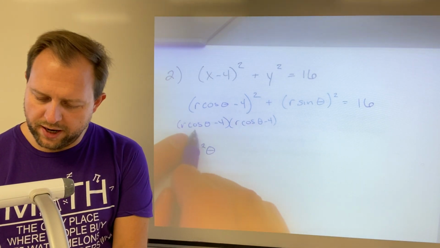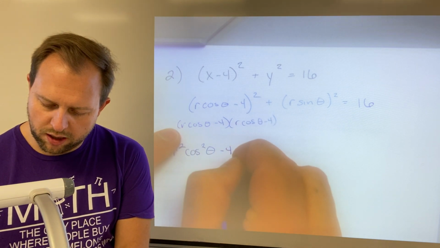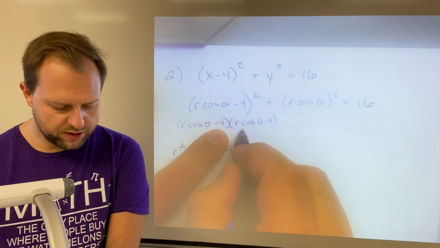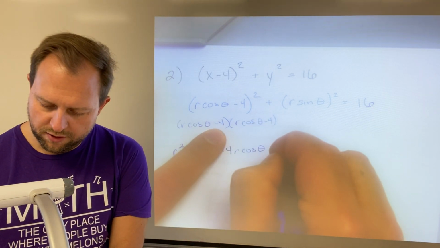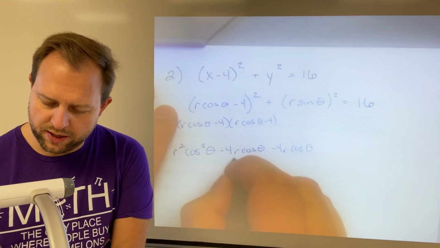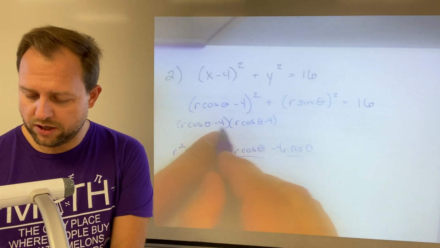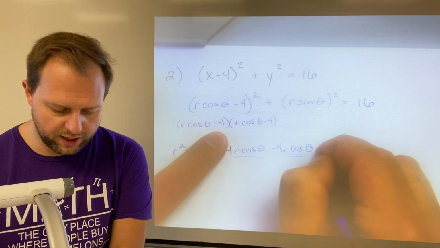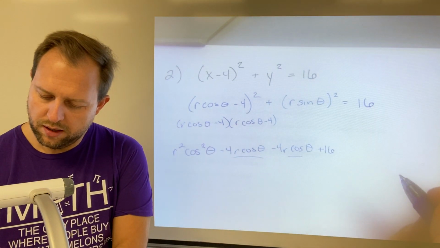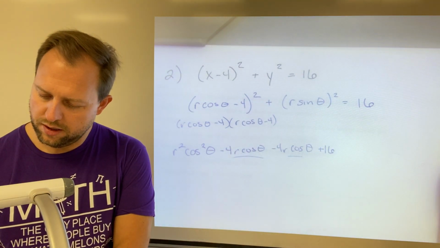Then our next term, the outers, negative 4r cosine theta. The inners are a negative 4r cosine theta. And we know that these are going to combine in the next round, right? And our last term, negative 4 times negative 4, is plus 16. And that takes care of the first part.